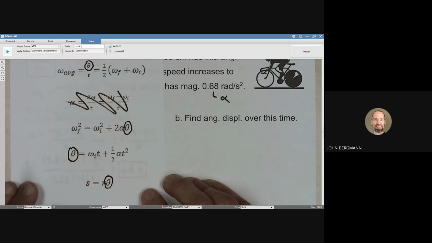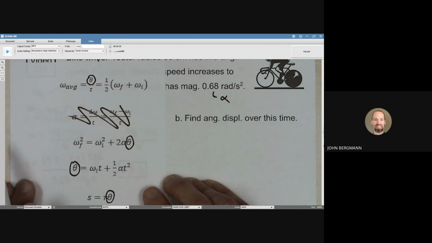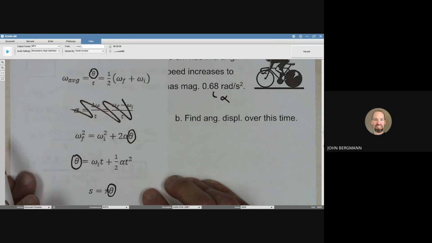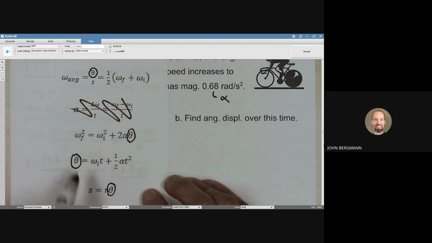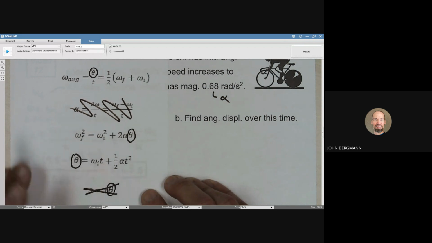Now we know the time, and we know omega final, we know omega initial, we know r, and once again, pretty much any of these equations except for that one, because we don't know the arc length yet, but any of these three will get the job done for us.